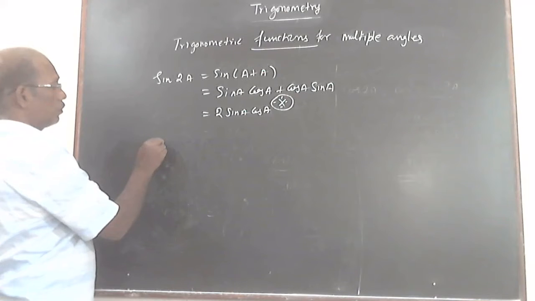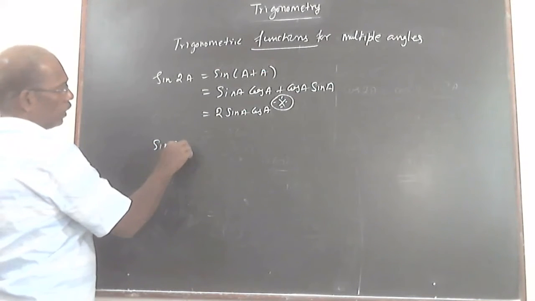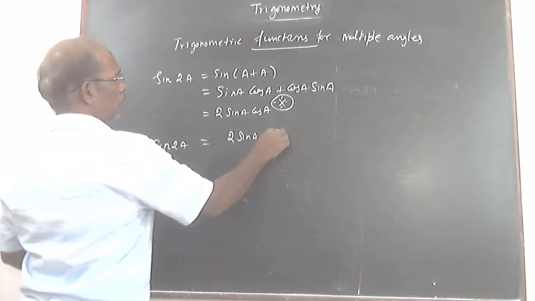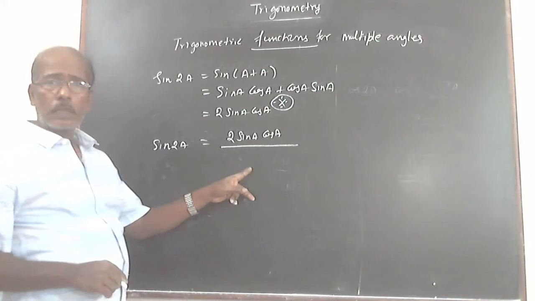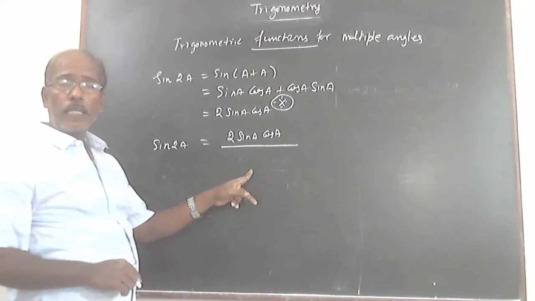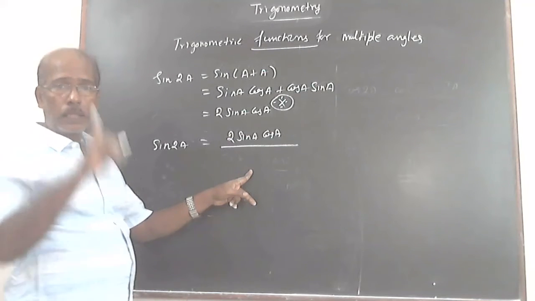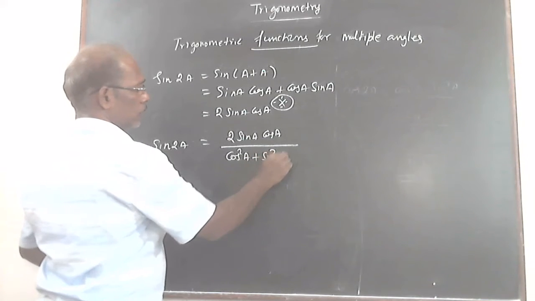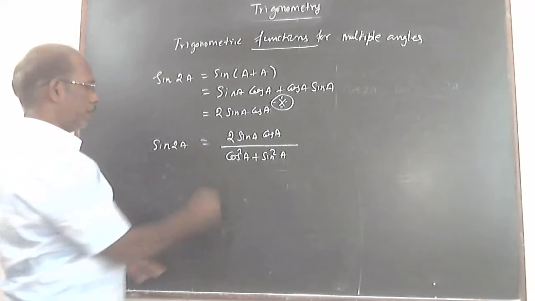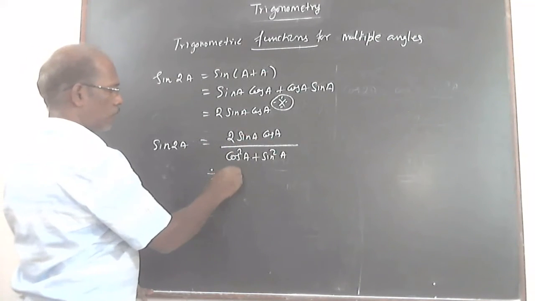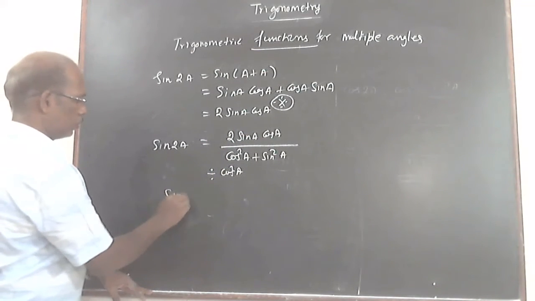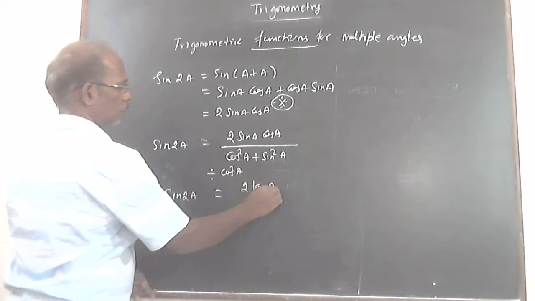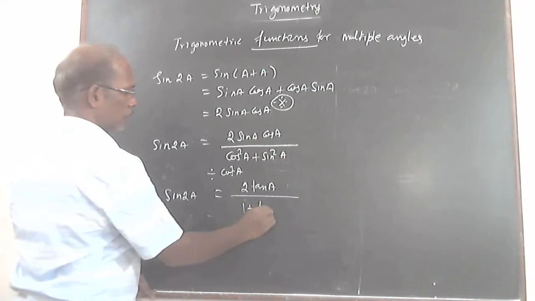And one more conversion: sine 2a equals 2 sine a cos a divided by 1. Instead of the denominator 1, we can use the identity cos square a plus sin square a, which is 1. Now, if we divide every term by cos square a, then sin 2a would be written as 2 tan a over 1 plus tan square a.